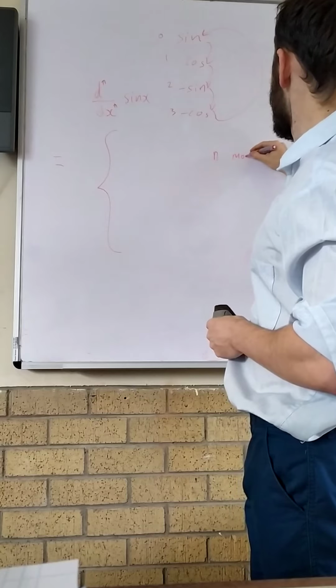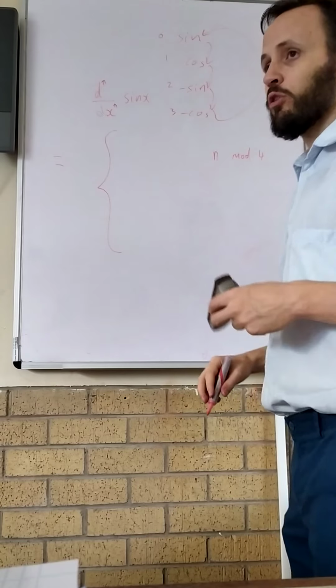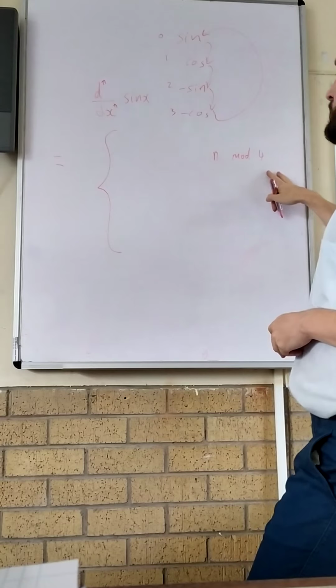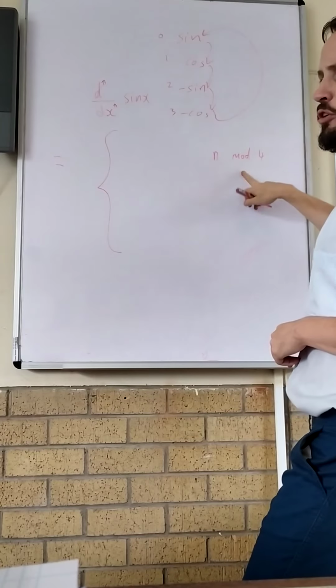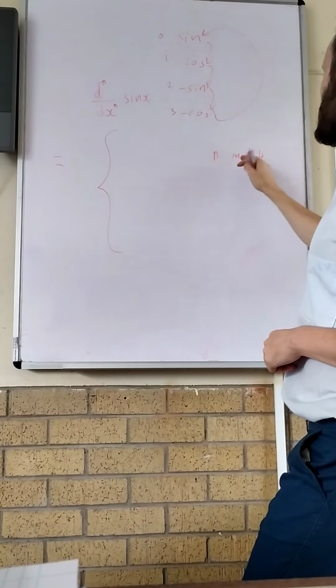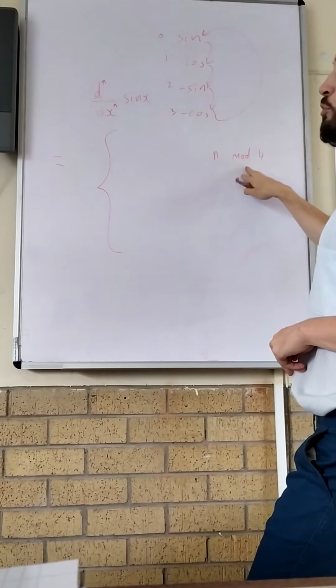Do you know what n mod 4 means? You do know from computer science. You have div and mod. So n mod 4 basically means the remainder after you've divided by 4.